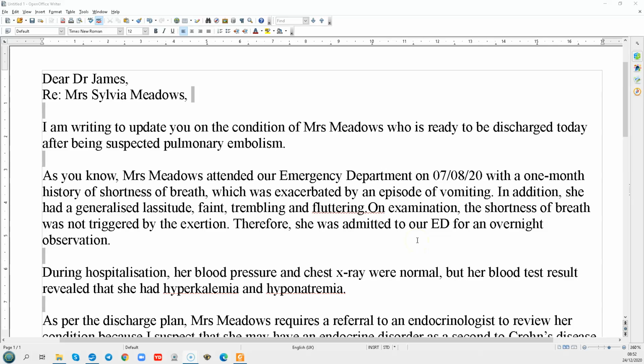So what we're going to do, as I mentioned before, if you've seen videos 1 to 7, if you think about it, in reality, the reader of the letter would not have access to the case notes. That therefore means that when you are writing your letter, you have to make it clear and logical so that, without access to secondary sources of information such as the case notes, it makes perfect sense to the reader.